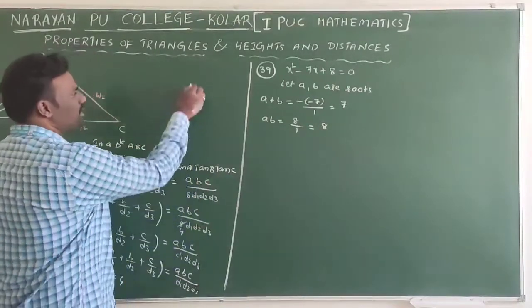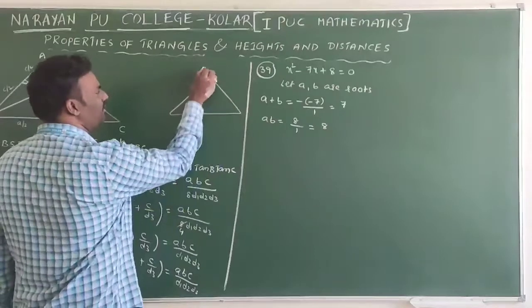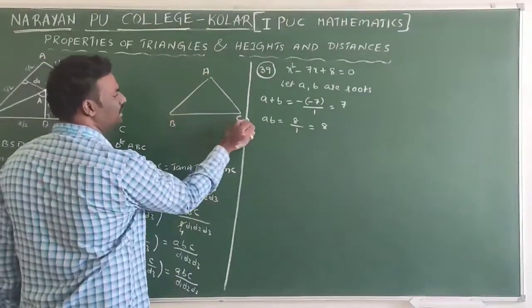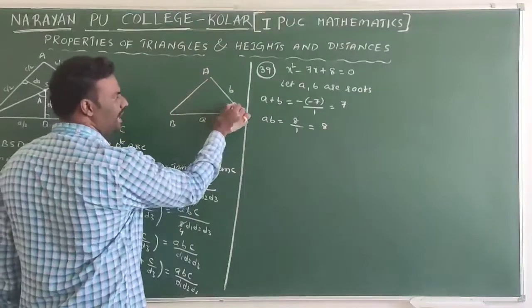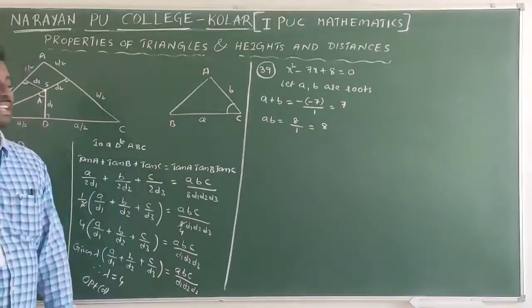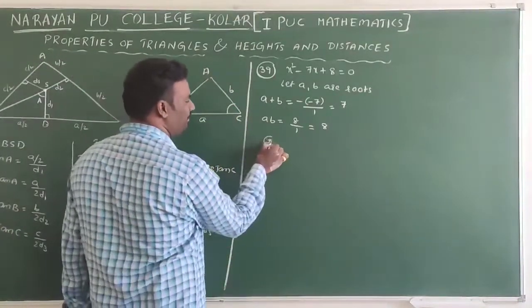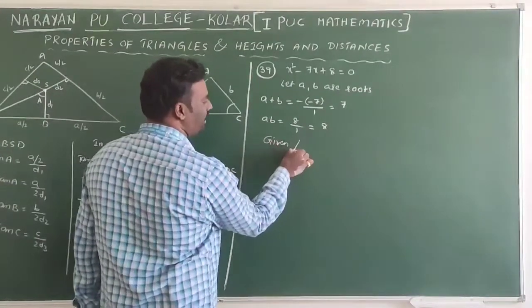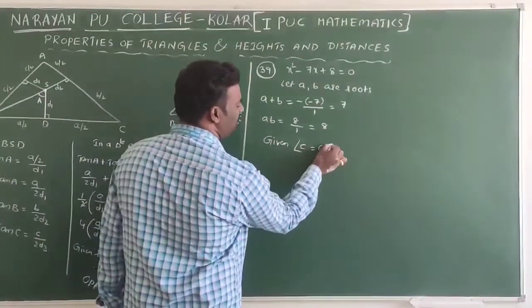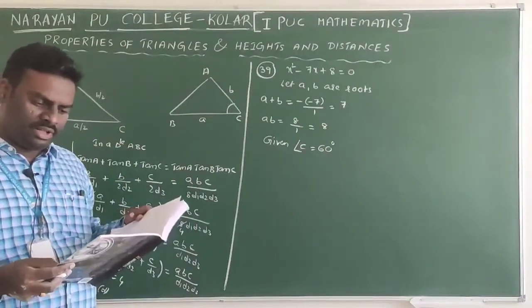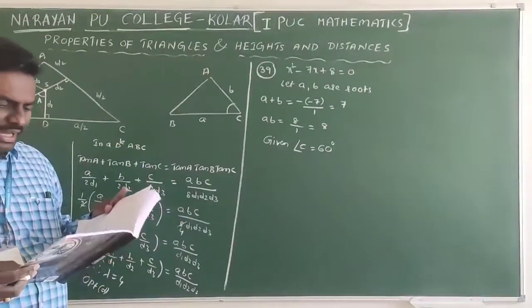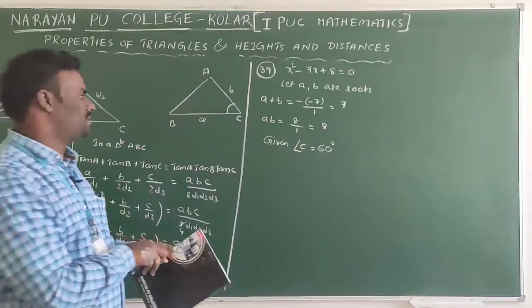If you draw a rough diagram ABC, this length is small a, this length is small b, the angle between these two sides means which angle? Angle C is given, angle C is equal to 60 degrees. So now what do we need to find? In 39 we need to find the product of inradius and circumradius.